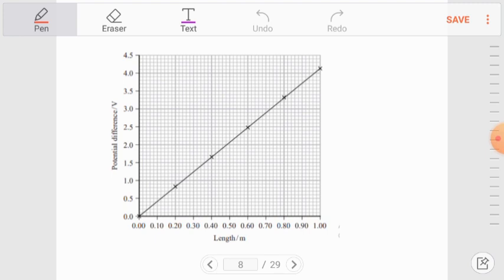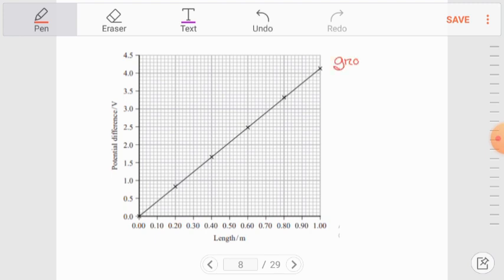Here it says to determine the resistivity of nichrome wire. The cross-sectional area of nichrome wire is 5.31 into 10 to the power negative 8. And voltage over length, the gradient for this graph, gives you the value for the resistivity.